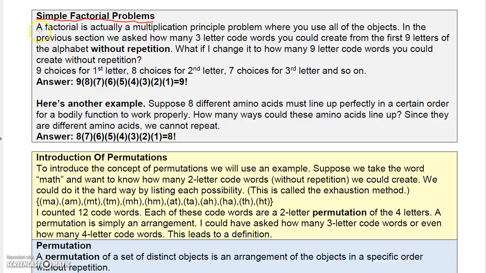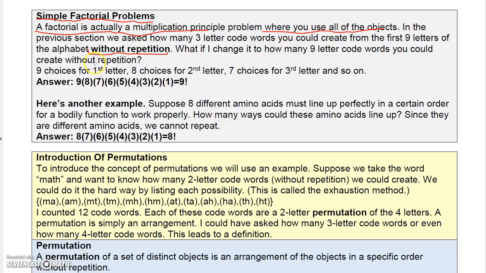Now, a factorial is actually a multiplication principle where you use all of the objects. In the previous section, we asked how many 3-letter code words you could create from the first 9 letters of the alphabet, with and without repetition. What if I changed it to how many 9-letter words you could create?